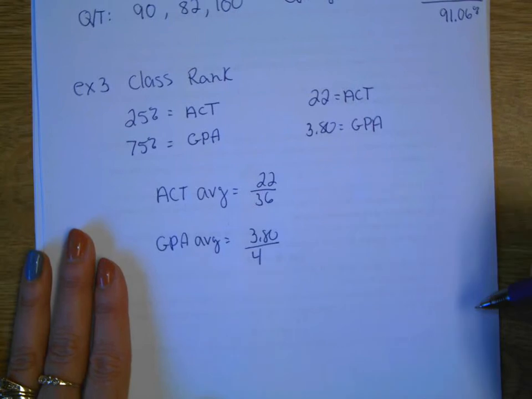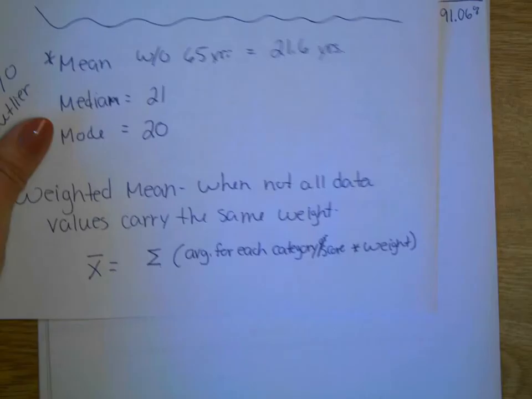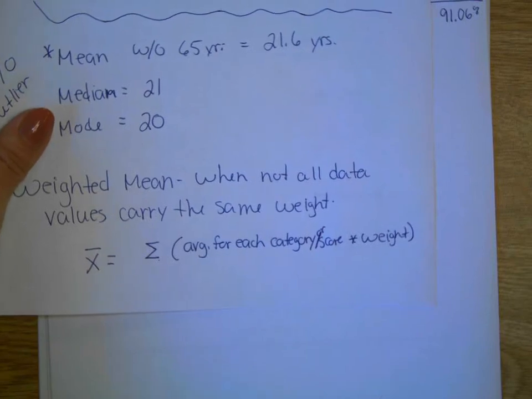Okay, so I've got them as fractions, but what do I do now? After I have the average, what does my formula say to do? Multiply by the weight.